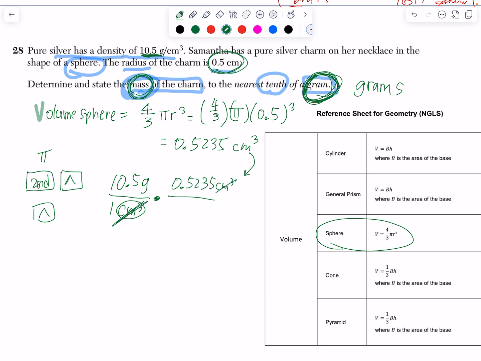So the cubic centimeters cancel, so I do 10.5 times 0.5235, the whole thing that's on the screen, and what I get is 5.4977. And remember, we're rounding to the nearest tenths, and so it is 5.5 grams, and that is the mass of the charm.